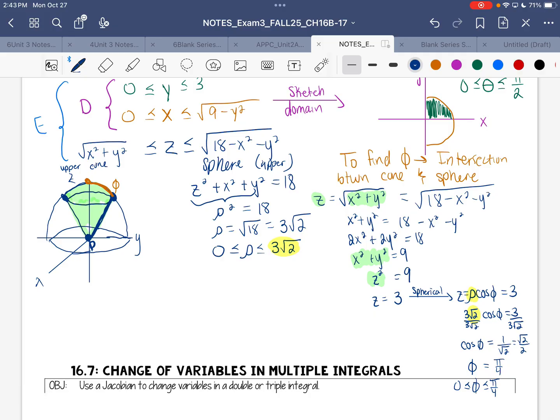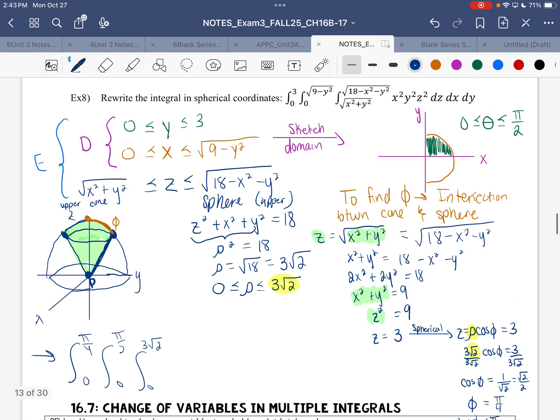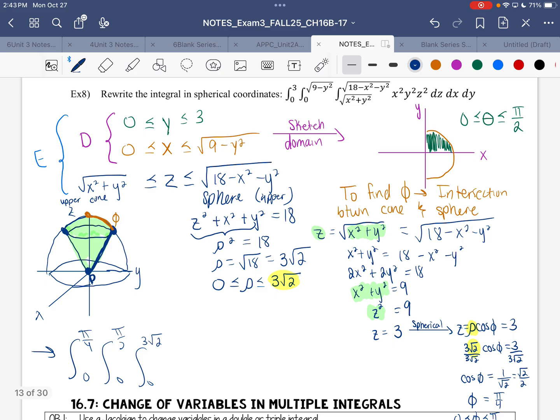Okay, so then that means we have to go 0 to pi over 4, 0 to pi over 2, 0 to 3 square root of 2, and we've got x squared, y squared, z squared, so each of them are going to have a rho squared. 2 of them have a sine phi, and that's getting squared.